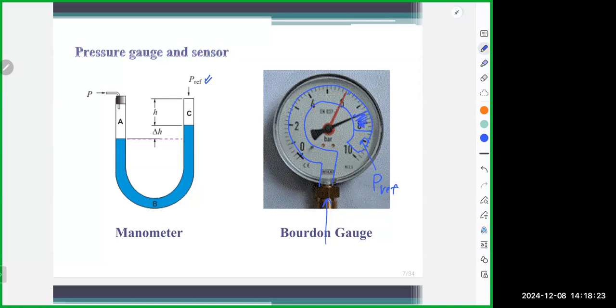That is how the Bourdon gauge works, because the pressure gets compressed. So they can make the case for you to understand what level the outside pressure is at.